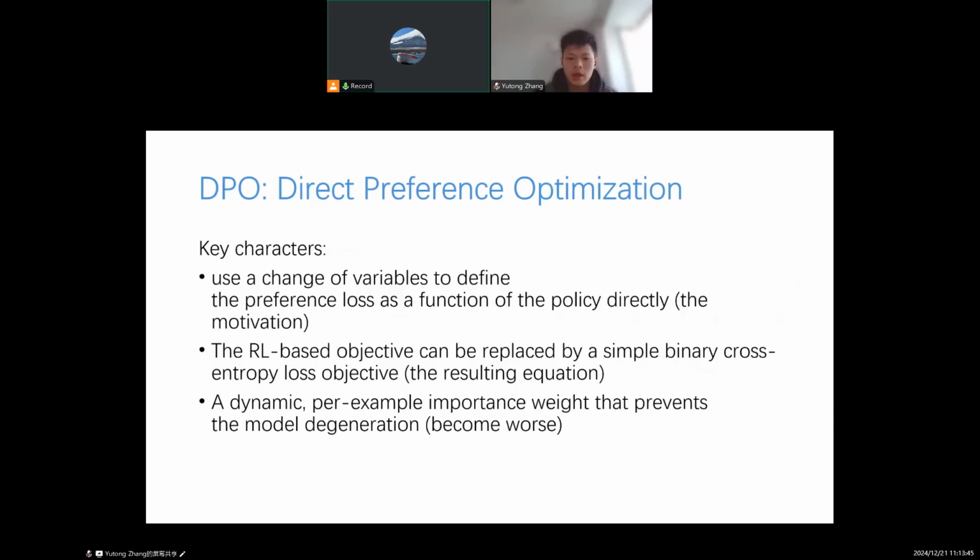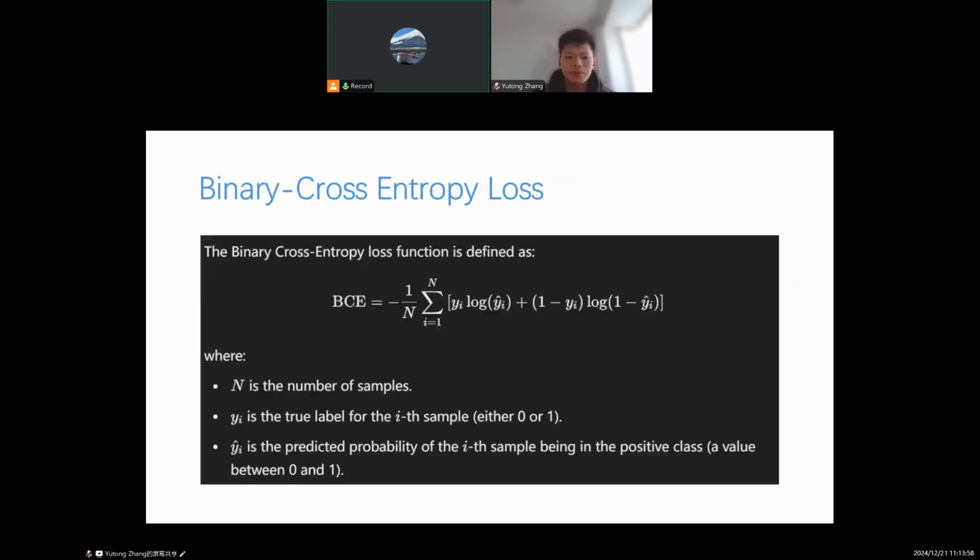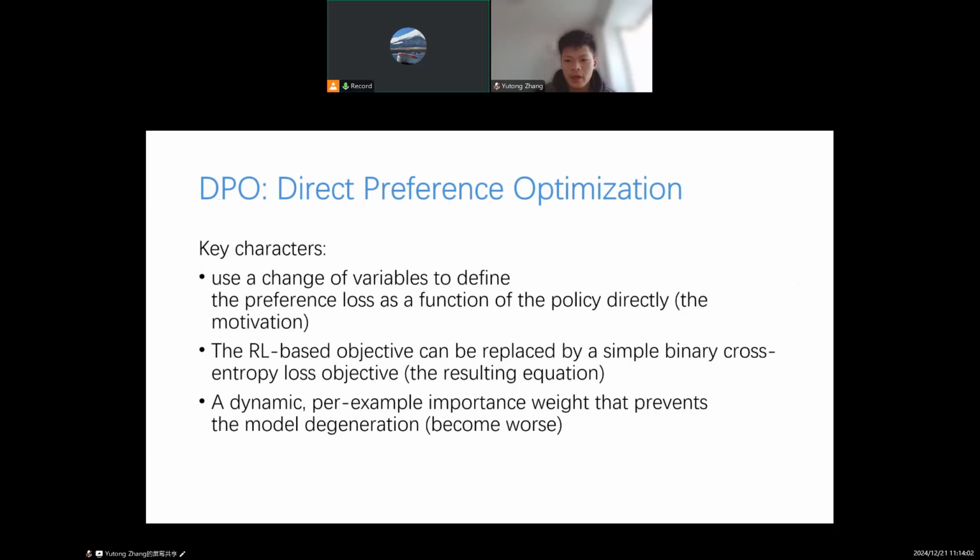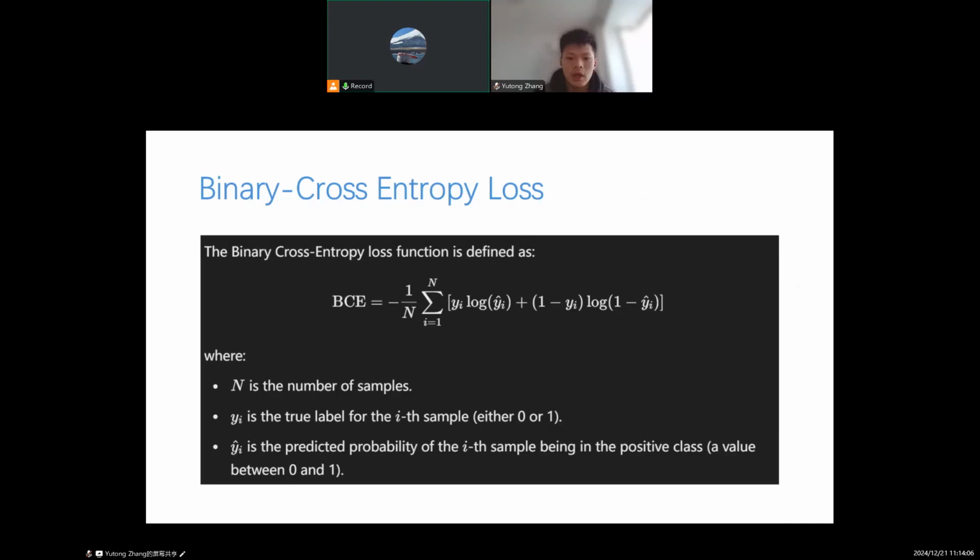Third, a dynamic per-example importance weight that prevents model degeneration. Right, and we're going to introduce the third part later. So one thing to add, I know maybe some of you don't know what cross entropy loss is, and it just looks like this.